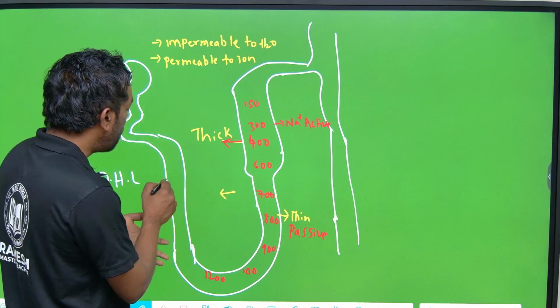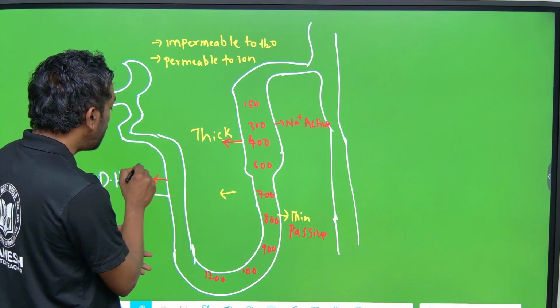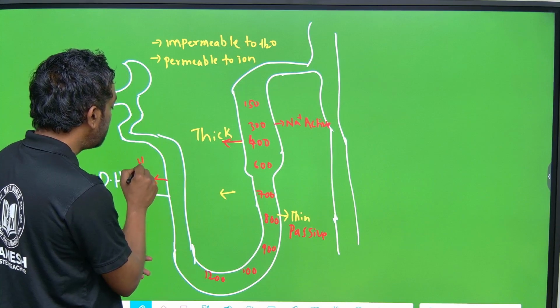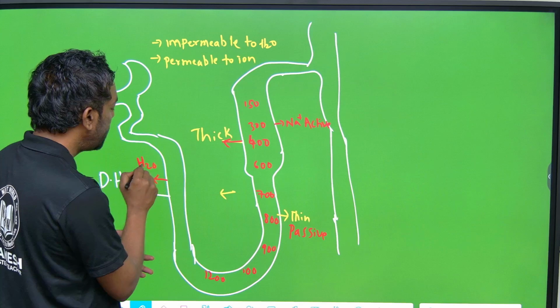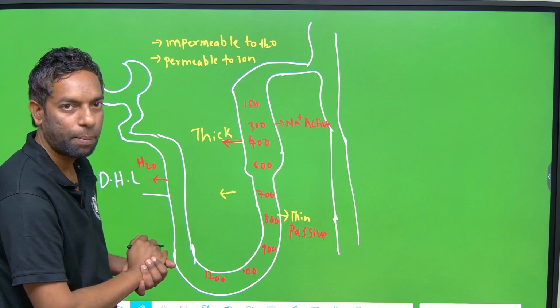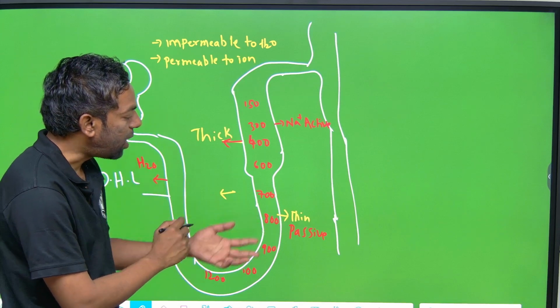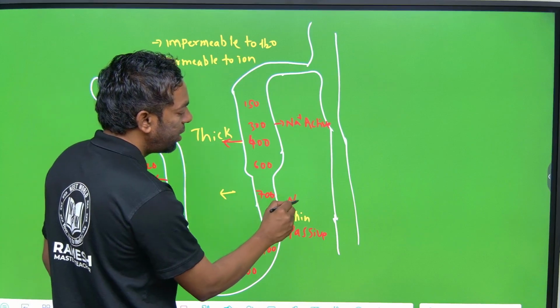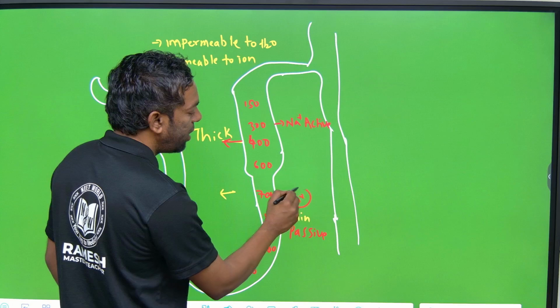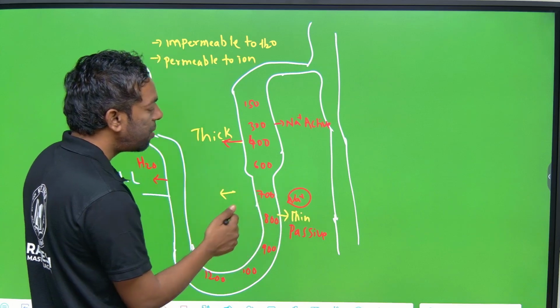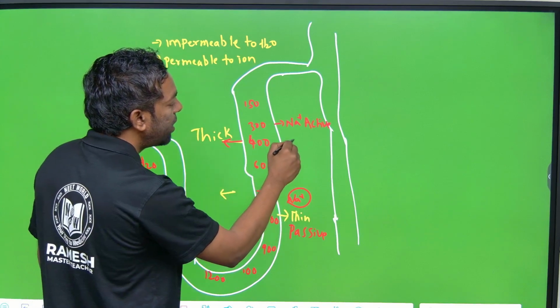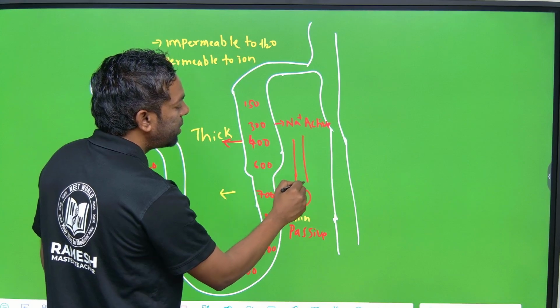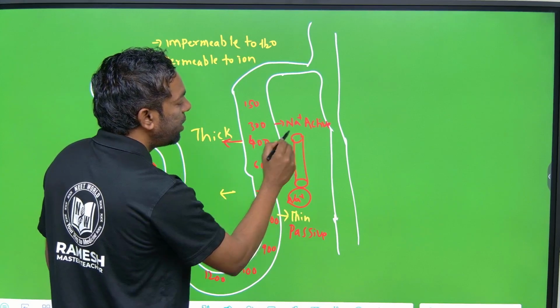Here water moves away, water reabsorption takes place in the descending Henle limb. Here sodium ions are reabsorbed into the medullary interstitial fluid or else into the blood.